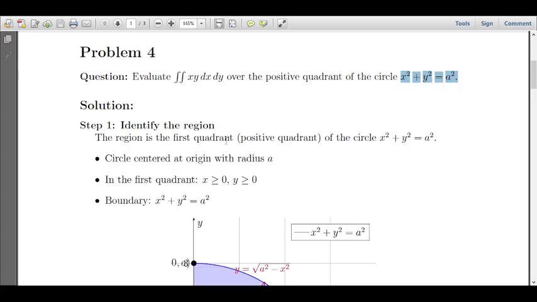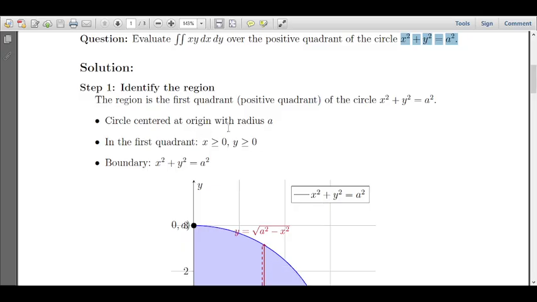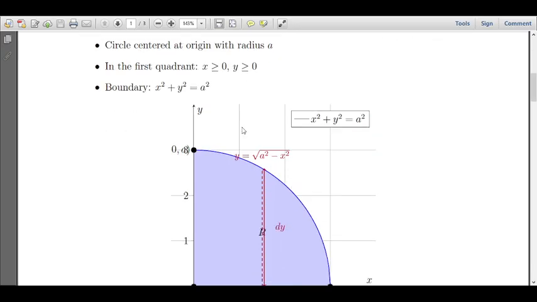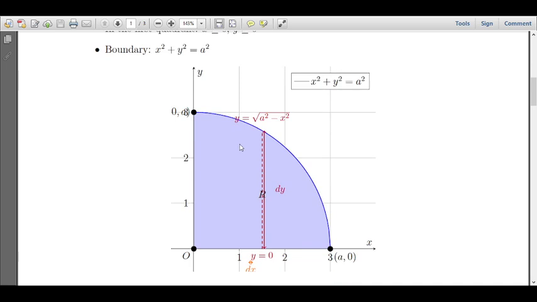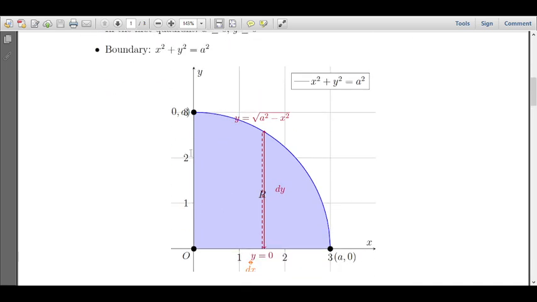Since the region is in the first quadrant of the circle x square plus y square equal to a square, a circle centered at origin with radius a, in the first quadrant x is positive and y is positive. The boundaries are x equal to 0, y equal to 0, and x square plus y square equal to a square.